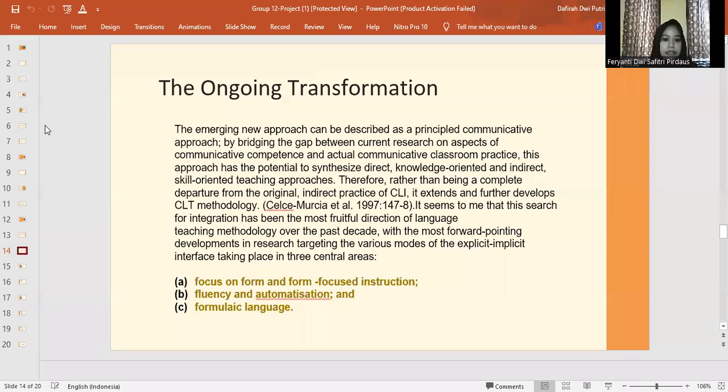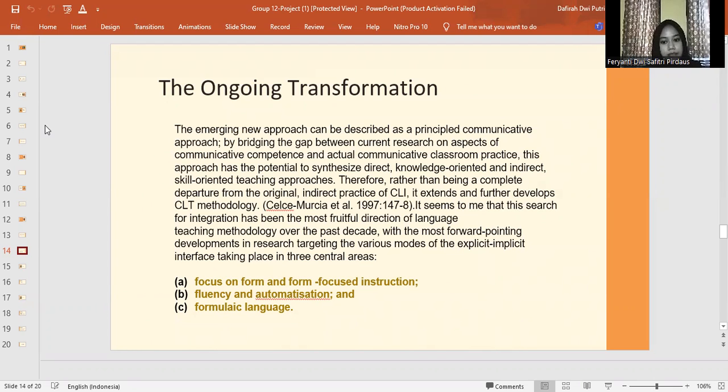The emerging new approach can be described as a principled communicative approach, bridging the gap between current research on aspects of communicative competence and actual communicative classroom practice. This approach has the potential to synthesize direct knowledge-oriented and indirect skill-oriented teaching approaches.